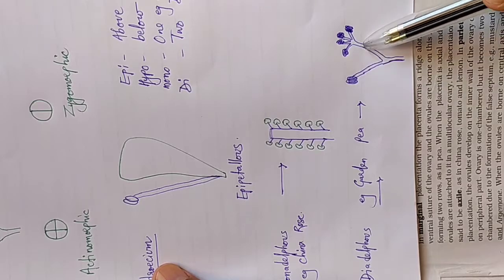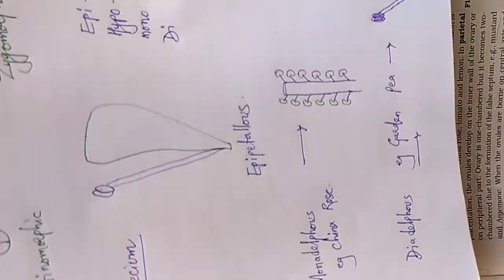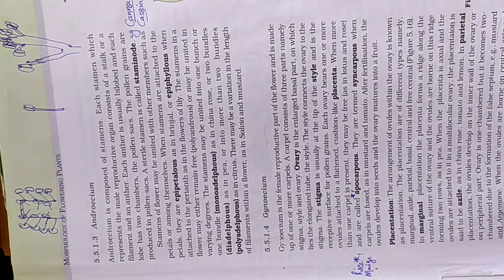So basically the filament is divided into two, so we call it diadelphous stamens, as in the case of garden pea. If there are more than two bundles of stamens, as in citrus plants like orange and lemon, we call it polydelphous stamens.